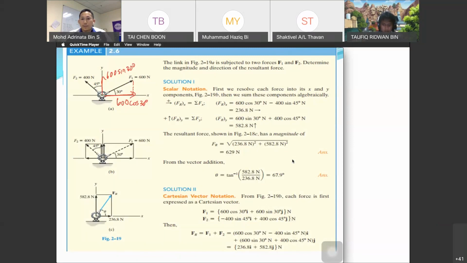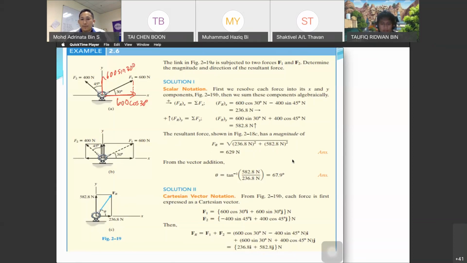There are two forces, F1 and F2. Then you need to break to X and Y for F1 and X and Y for F2. Okay, then you need to add the force for F1 in X direction and F2 in X direction. That will give you the resultant force of X. And then you need to add for Y direction.